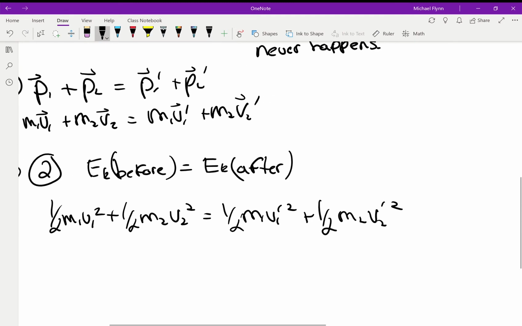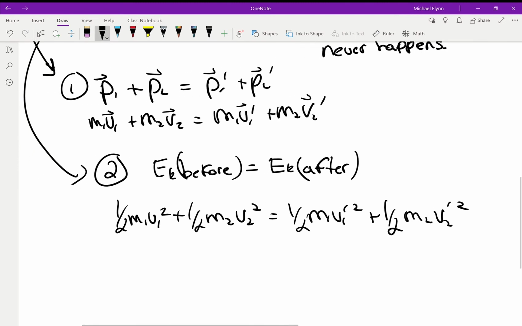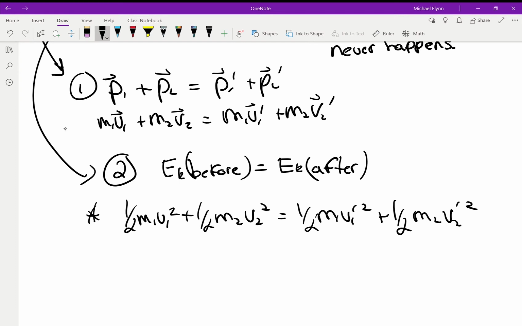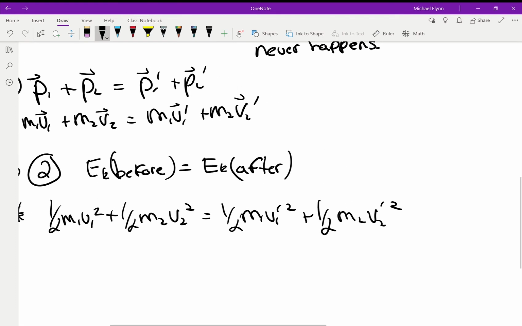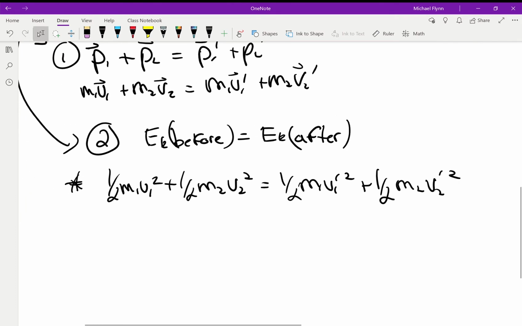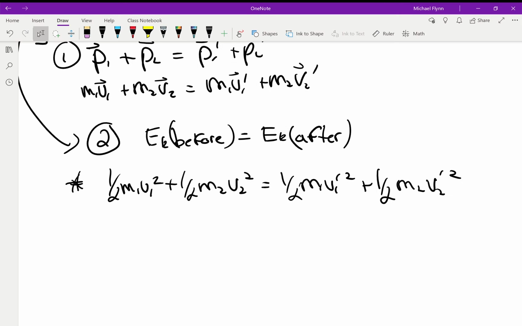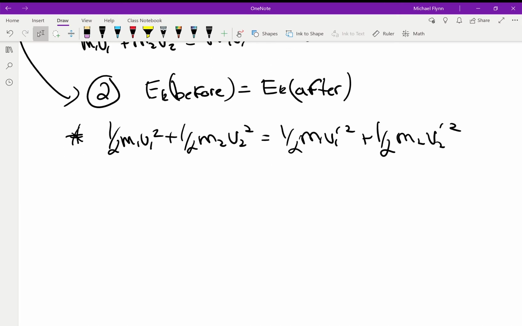They could never stick together, okay? So this equation number two, you can only use it if it says it's perfectly elastic, but you're not going to get any questions like that just yet, okay? Those questions are coming later.